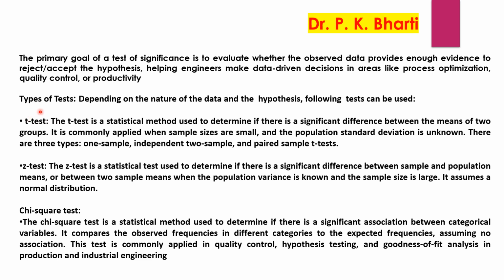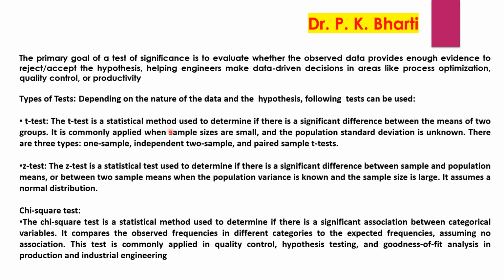Let us see about the types of tests. Depending on the nature of the data and hypothesis, the following types of hypothesis tests can be used. First is t-test, second z-test, chi-square test. So let us discuss in brief about the t-test.